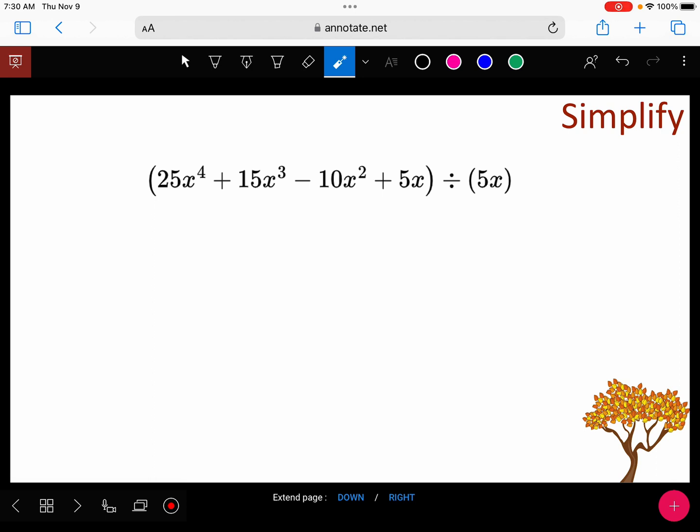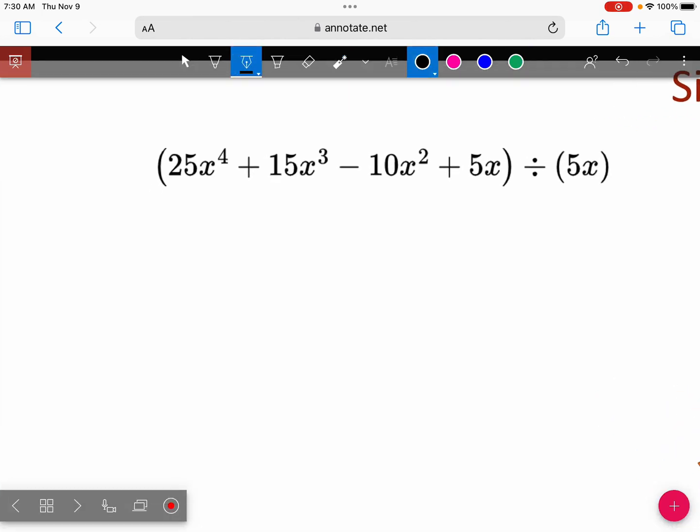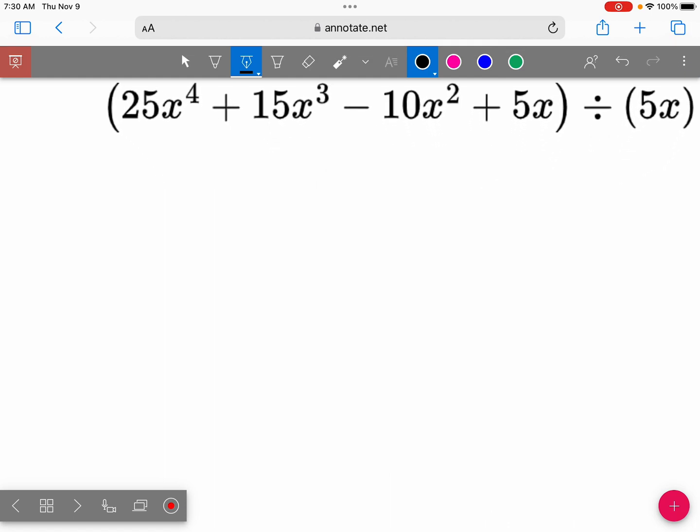So this one's just x's. We love that. So we've got 25x to the 4th plus 15x cubed minus 10x squared plus 5x divided by 5x. And what you can do, when you copy it down, you don't have to write it exactly like we have up here.